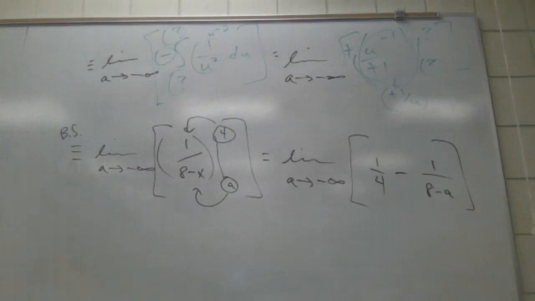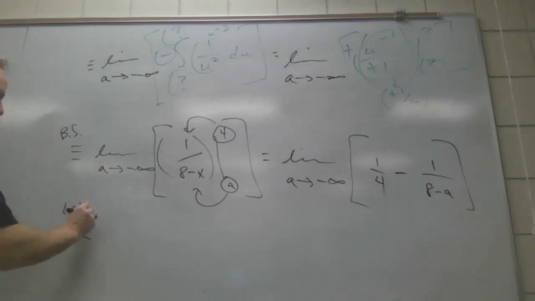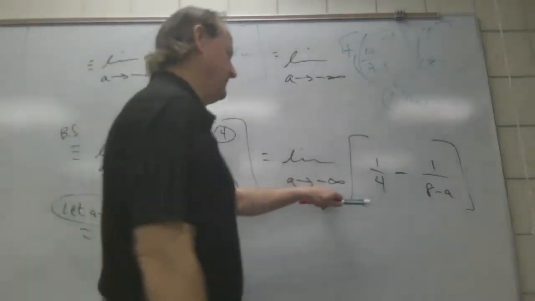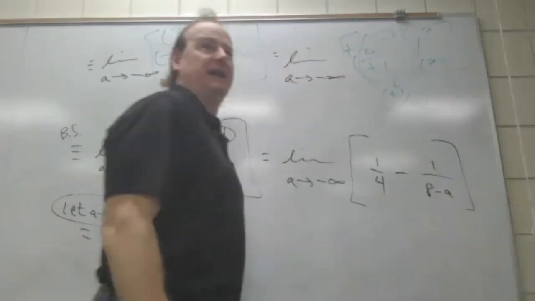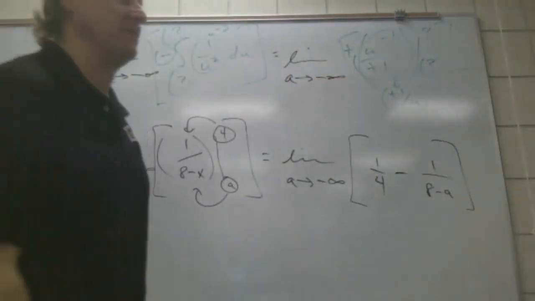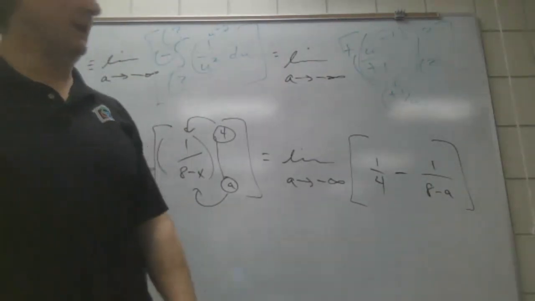And then I've got to take the limit as a goes to negative infinity. So now I'm going to say let a go to negative infinity. You could show that. Now I'm taking the limit. But if a goes to negative infinity, 8 minus a is 8 plus infinity. What's 8 plus infinity? Infinity.